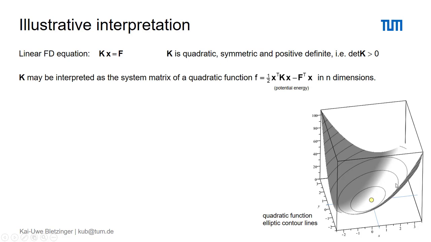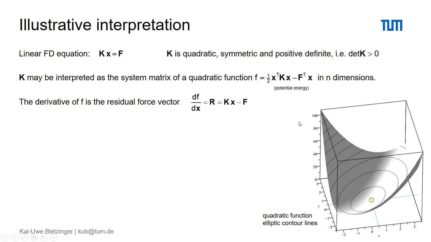It's a plot with elliptic contour lines, where the solution, that means the minimum of this objective function, is just the minimum here of this function. And there exists only one solution, which we call the global solution of the question, minimize this quadratic function.